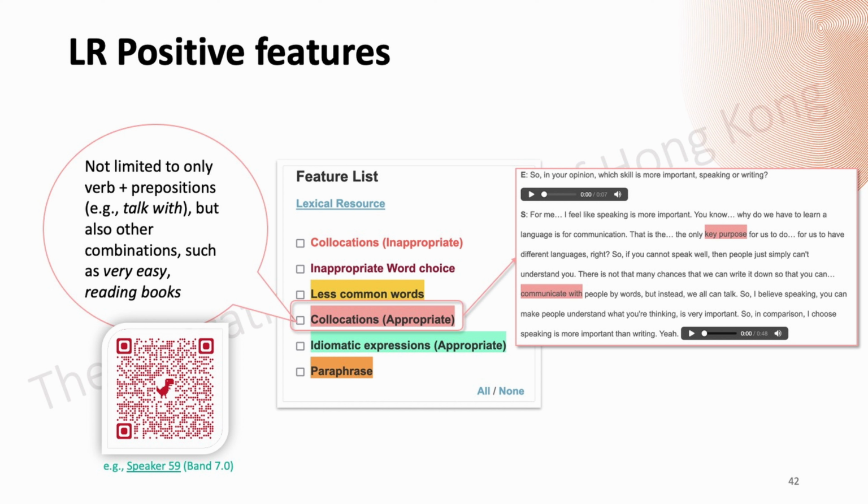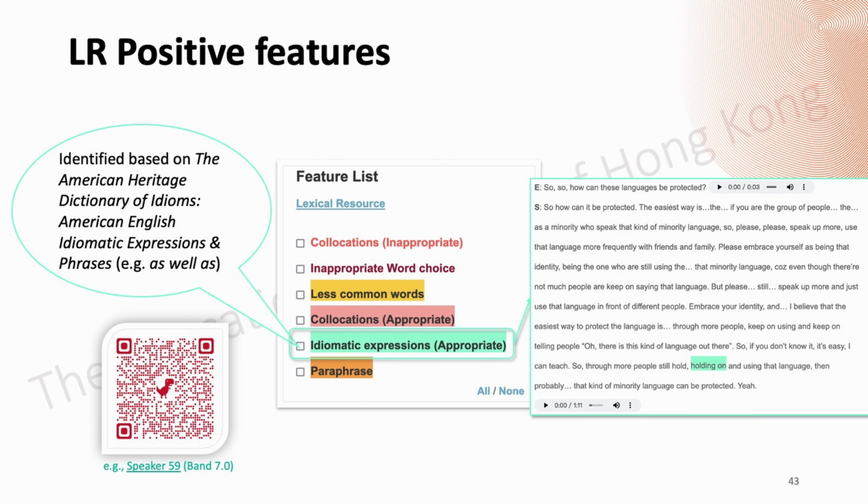As for collocations, they are not limited to only verb and preposition combination, such as talk with, but also other combinations, such as adverb and adjective, very easy, and verb and noun, reading books. Regarding the appropriate idiomatic expressions, we referred to the American Heritage Dictionary of Idioms, American English Idiomatic Expressions and Phrases.